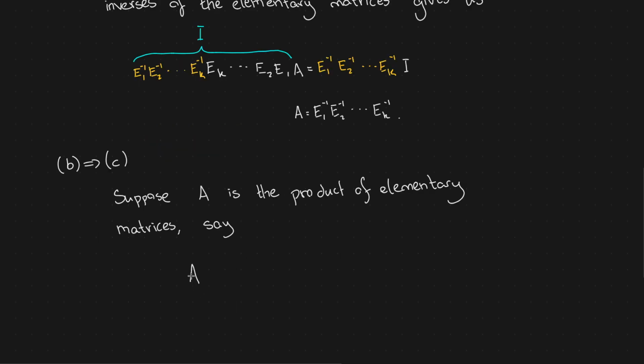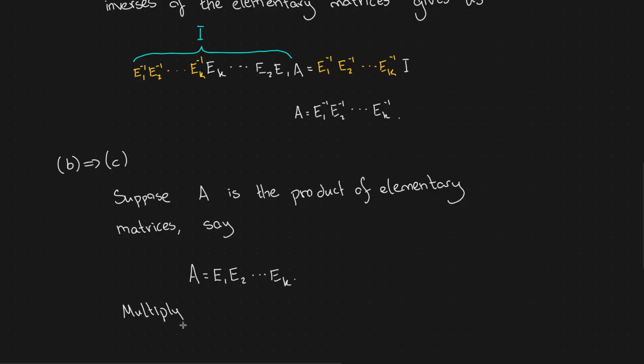That means we could write A as the product of elementary matrices, E1 times E2 all the way to EK. All right? But again, we know that these matrices have inverses.